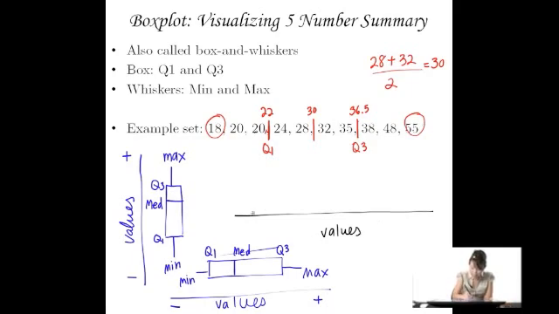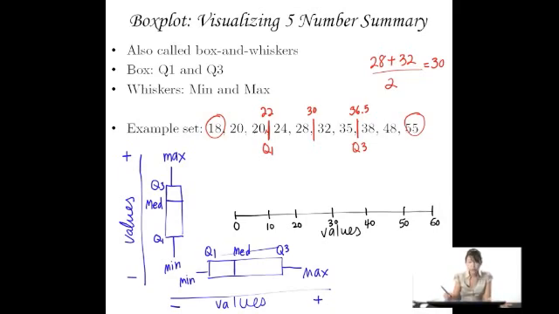And let's see, maybe I'll start from 0, right? And sort of divide this up into tens, right? So 10, 20, 30, 40, 50, 60. Great. So let's start plotting our box and whiskers.